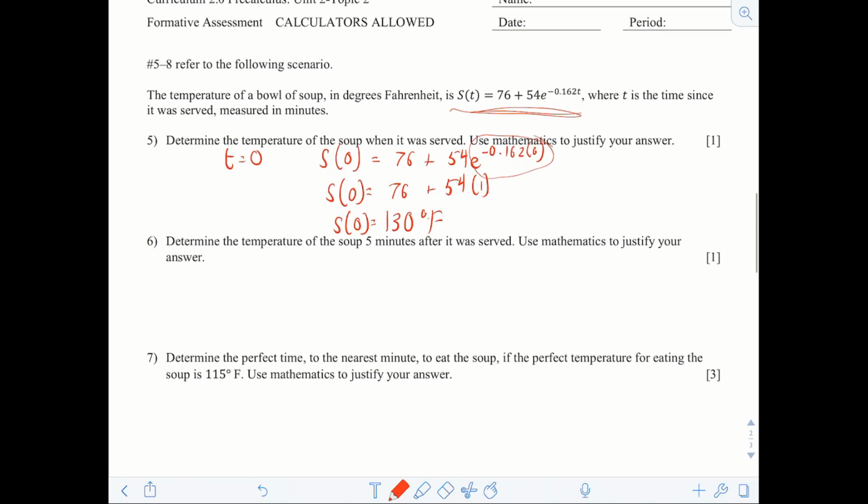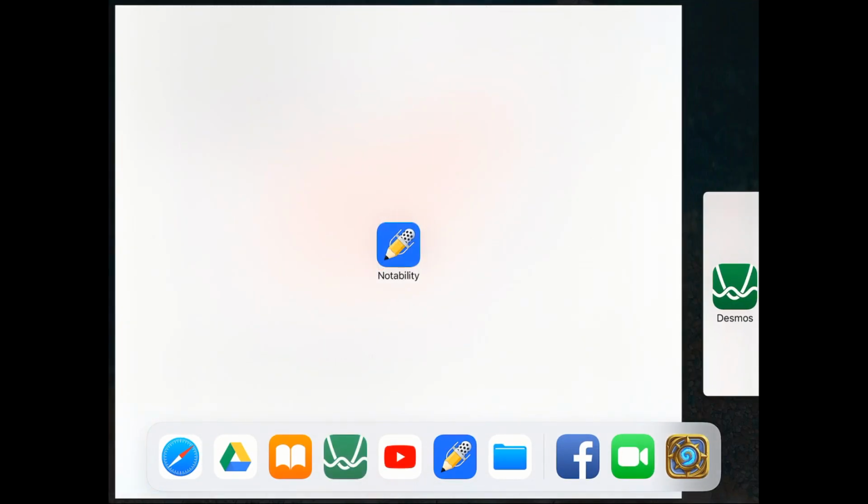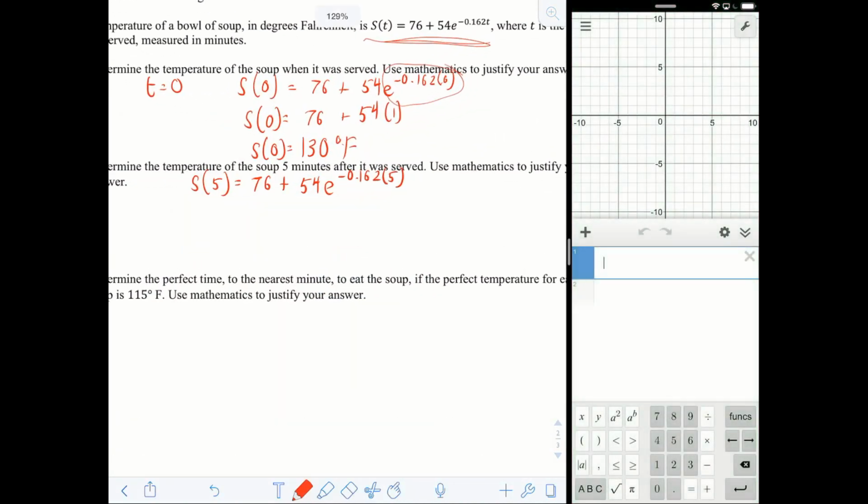Okay, it says determine the temperature of the soup 5 minutes after it was served. So S of 5, because we're talking about time, and especially minutes: 76 plus 54 e to the negative 0.162 times 5. Now you could just type this whole thing in your calculator. Since I don't have a normal calculator available, I'm going to use Desmos.